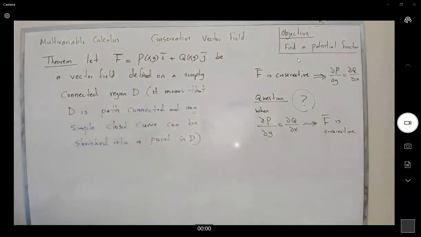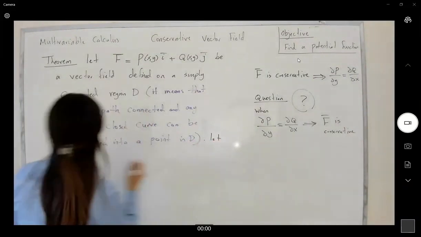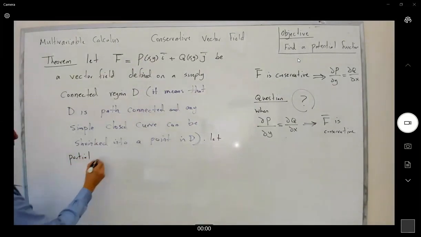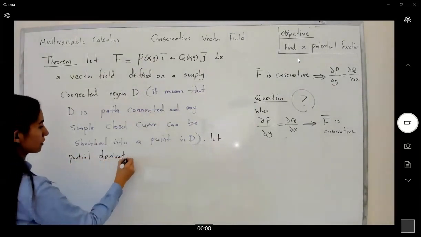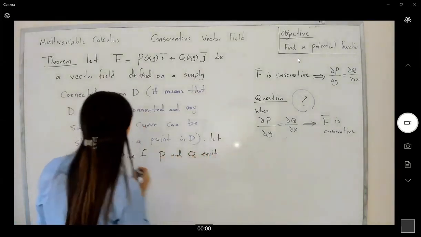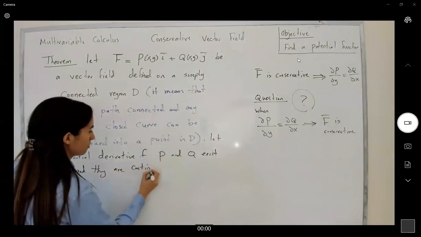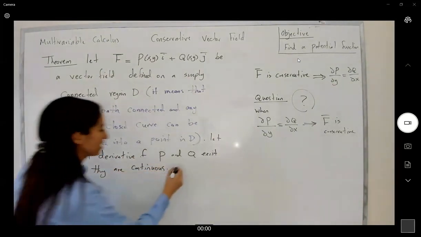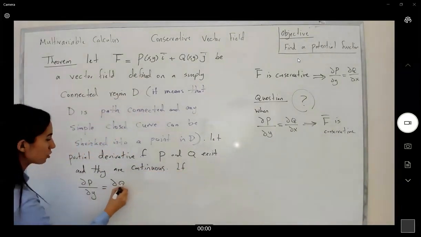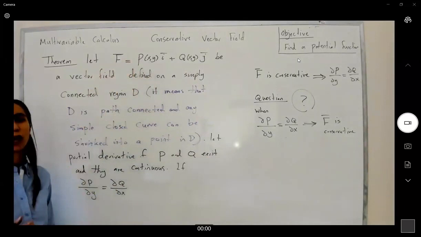Then let partial derivatives of first order, partial derivatives of P and Q exist and they are continuous. If partial derivative of P with respect to y is equal to partial derivative of Q with respect to x, then for sure you can say that your vector field is conservative.